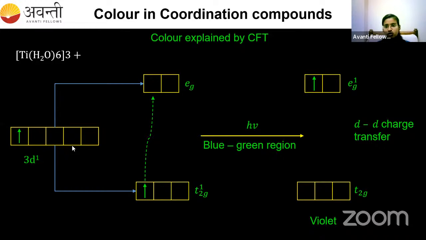Clear for all of you? Can you all understand how color is formed for a coordination complex? The metal has d electrons in it, and when this electron jumps from lower energy to higher energy, the color is produced. Okay?